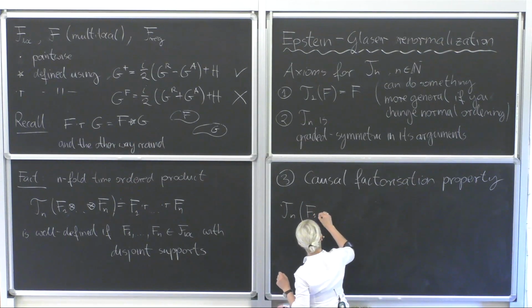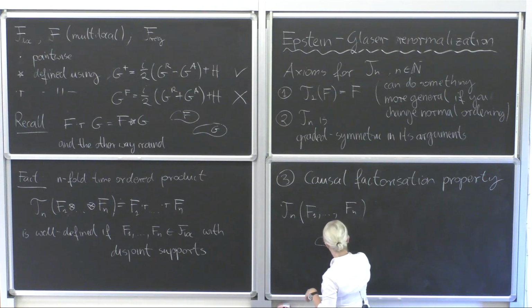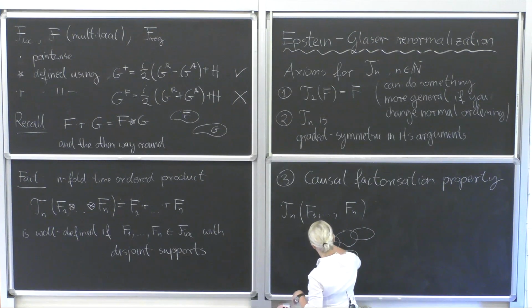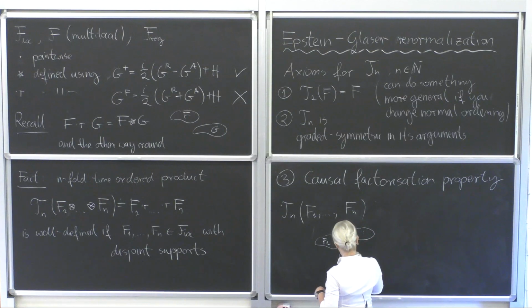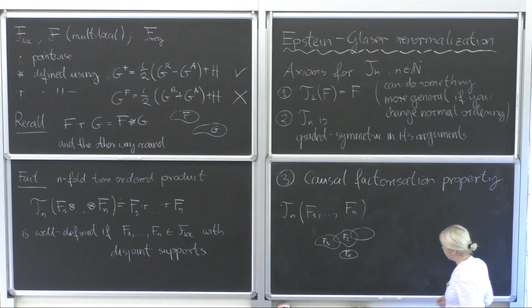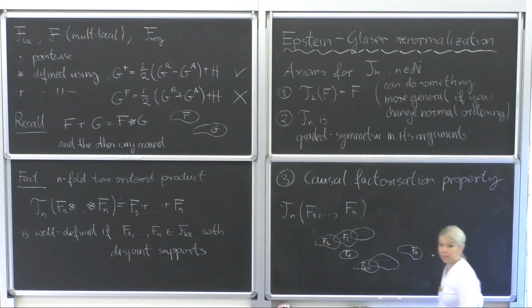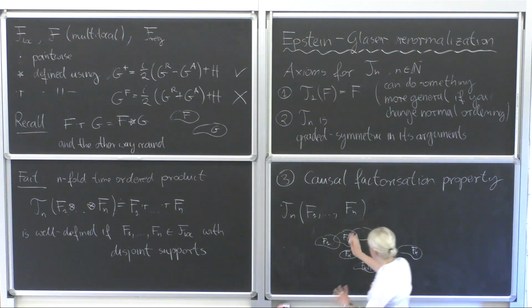So I want to look at this, where I have a bunch of those guys, say like that. Okay, so this is F1, F2, and Fk, and I have another bunch, say here, and this is Fk plus 1, and so on until Fn. So I can split them into these two groups.